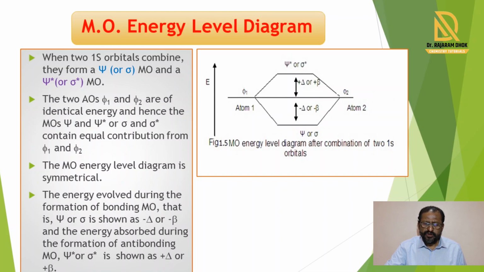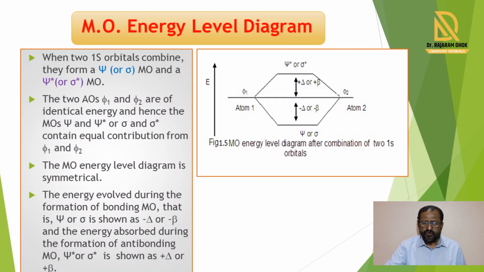The bonding molecular orbital energy is at the lower side than the average energy, or barycenter energy, so that is called minus beta or minus delta, while the anti-bonding energy is at the upper side, more than the average energy, shown by the symbol plus delta or plus beta.